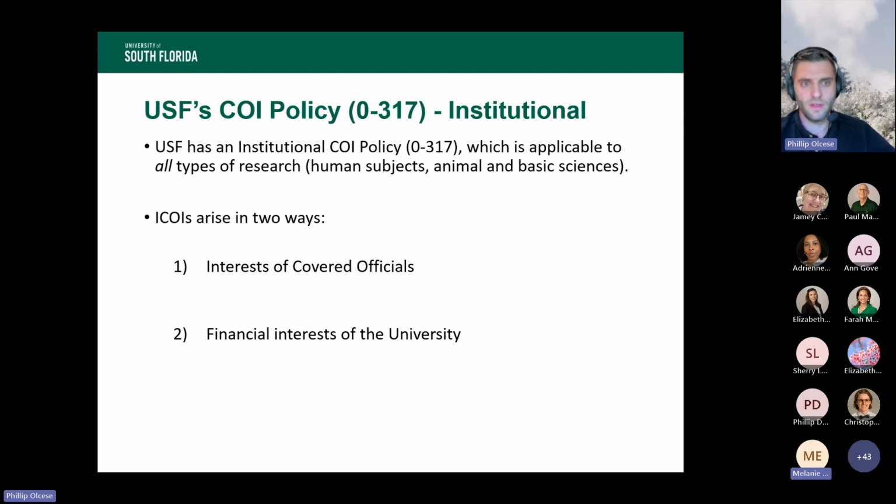The interests of covered officials: stock or ownership interest in an entity related to the research, remuneration from an entity related to the research, or once again, intellectual property. And the financial interests of the university: royalties of $100,000 or more, any equity in non-publicly traded companies sponsoring HSR, or, as mentioned earlier, a major gift from an entity related to the research, generally greater than $1 million.